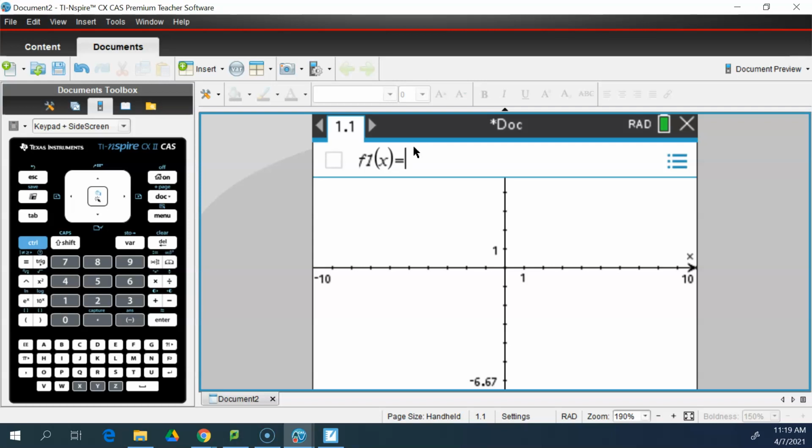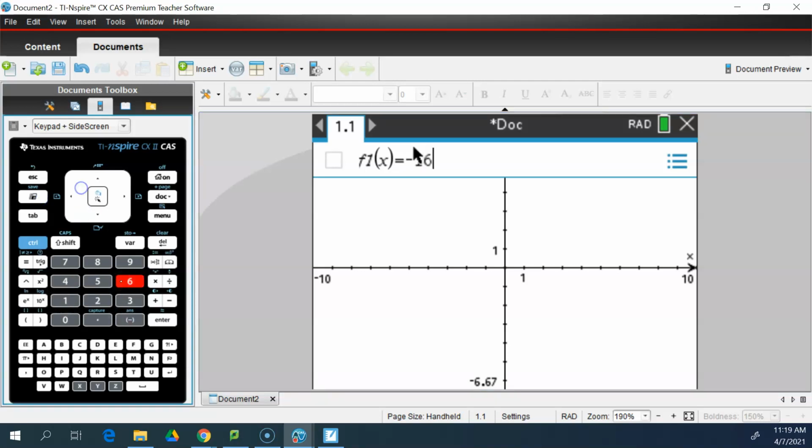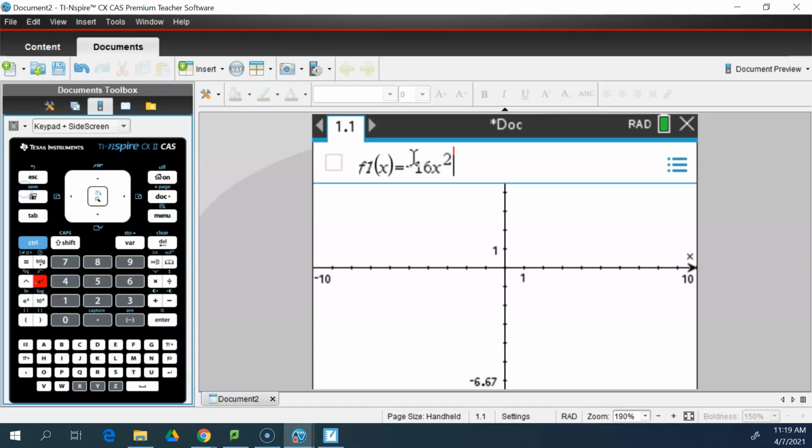That's the difference. So negative 16x squared plus 50x plus 30 is our function.